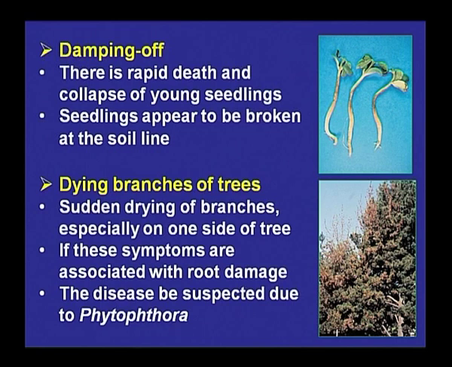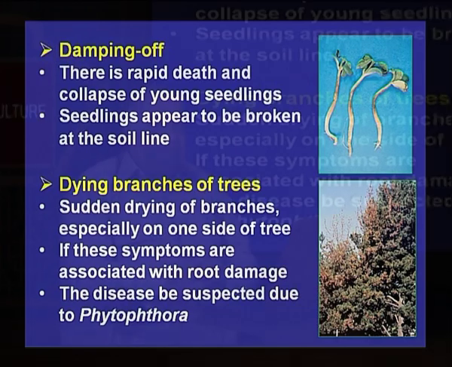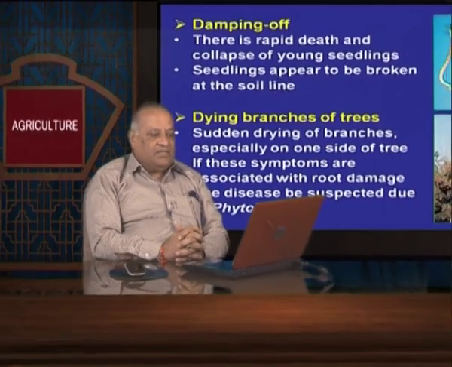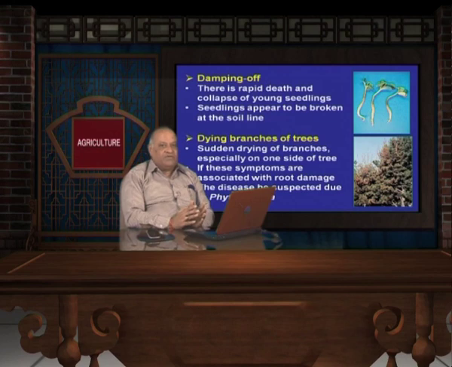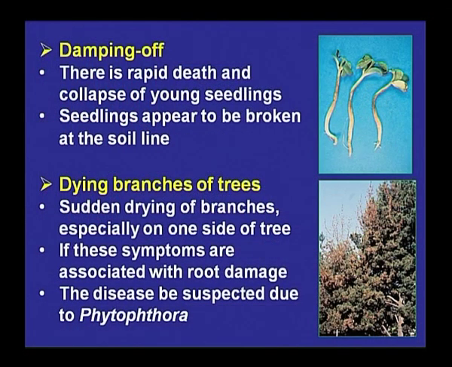Phytophthora is a very characteristic pathogen and it affects big trees in a way that they suddenly dry and one side of the tree shows the drying. So, the sudden drying of branches, especially on one side of the tree, is the symptom associated with root damage, and the disease is suspected to be caused by Phytophthora, as seen in the film.